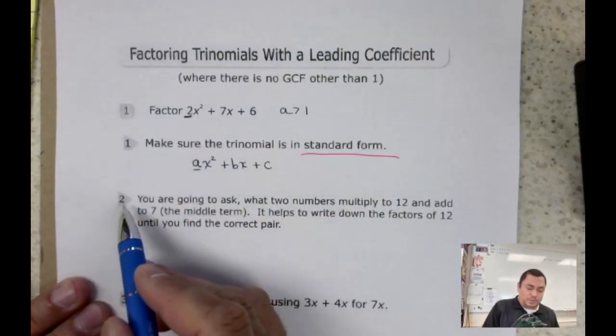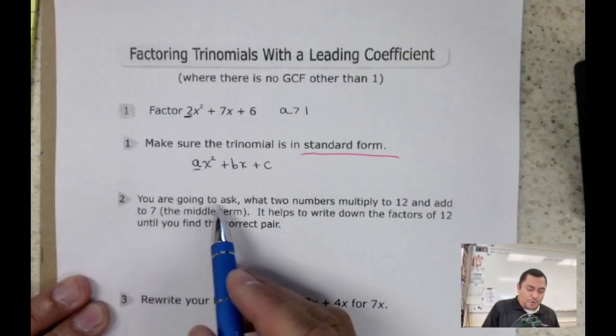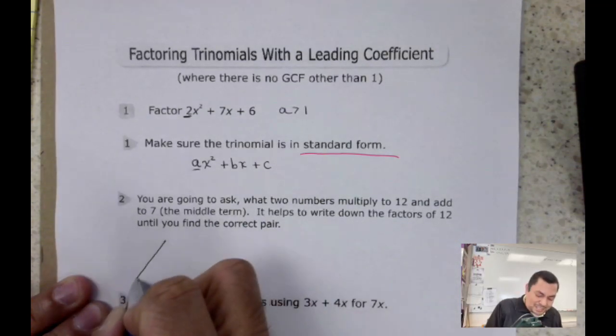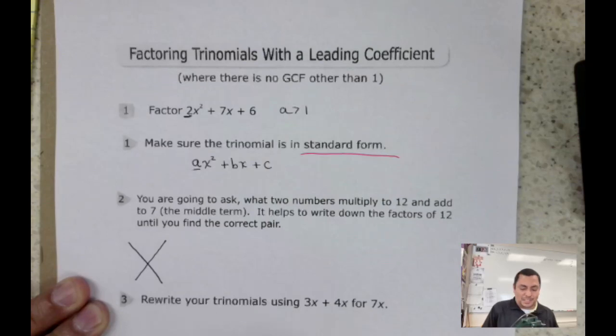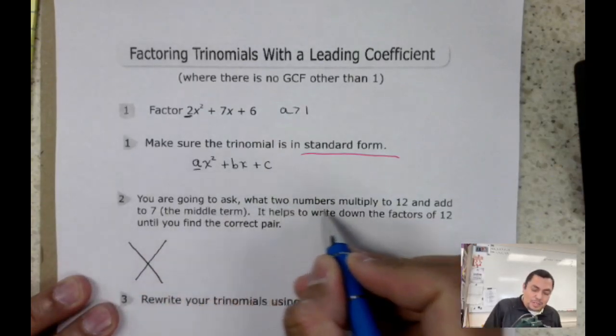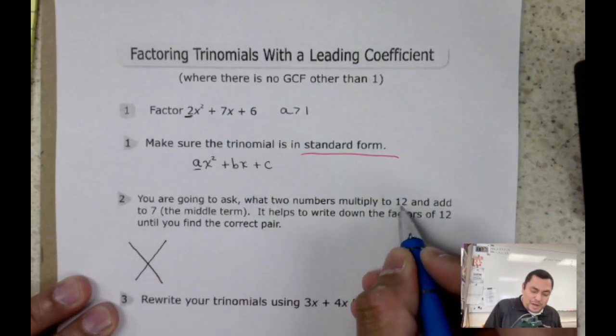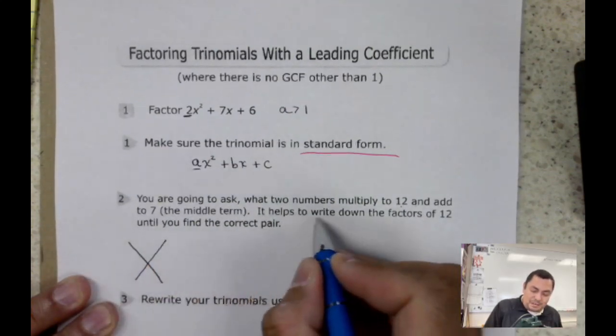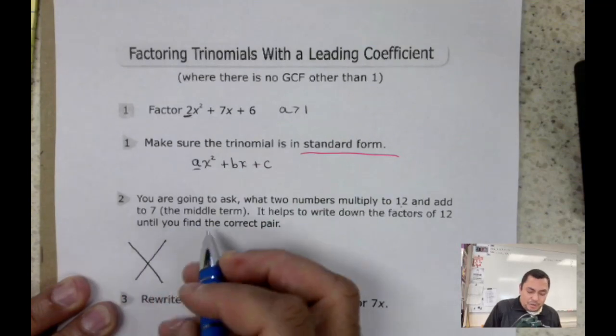So we move to step number 2. In this case, we're going to use what we call in class the x method. I'm going to draw an x, and you're going to ask, what two numbers multiply to 12 and add to 7, the middle term? It helps to write down the factors of 12 until you find the correct pair.